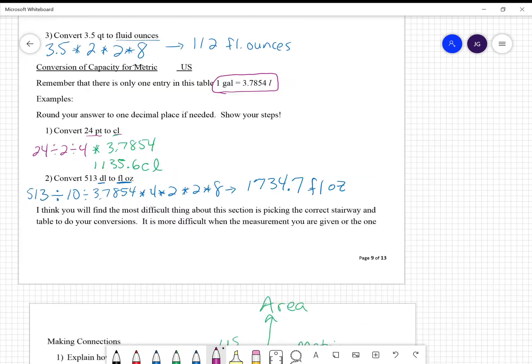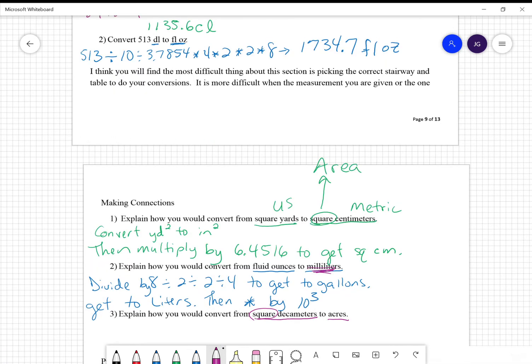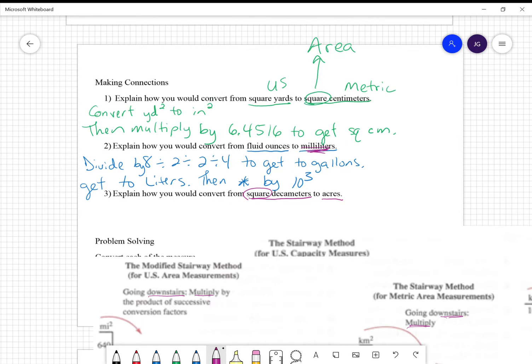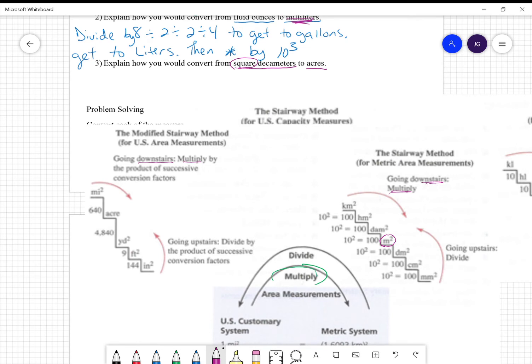Okay, there we go. I'm starting at square decameters. Okay, so decameters is here. So the first thing I'm going to have to do is multiply by 100.